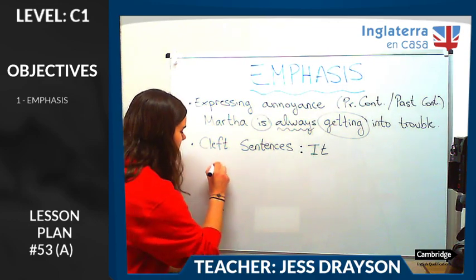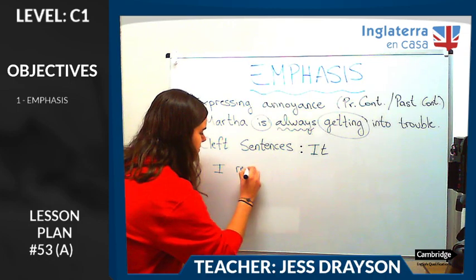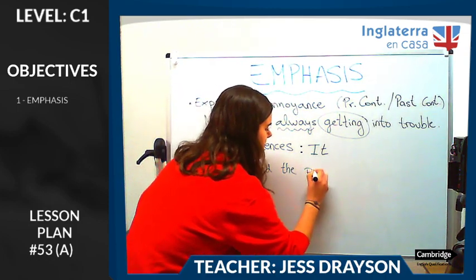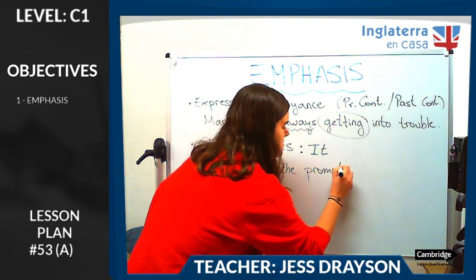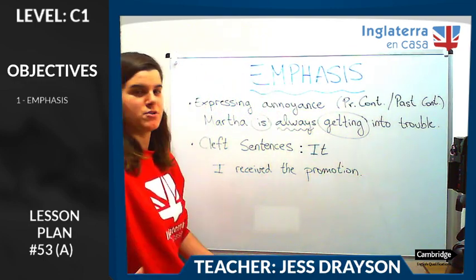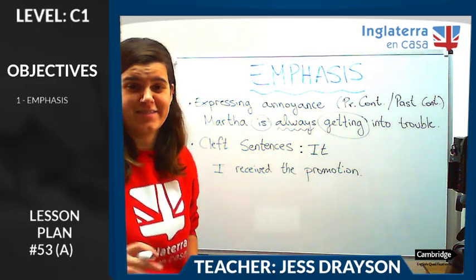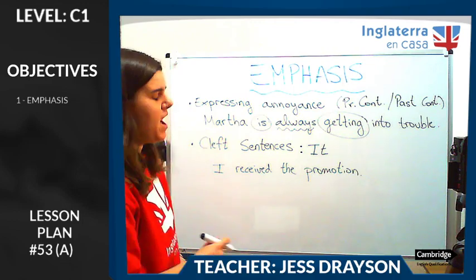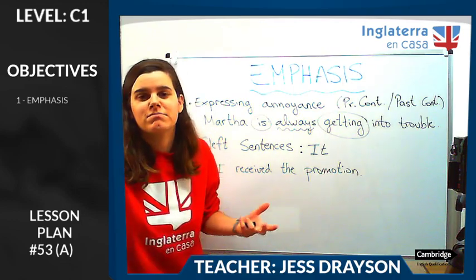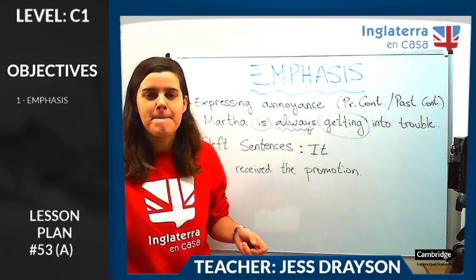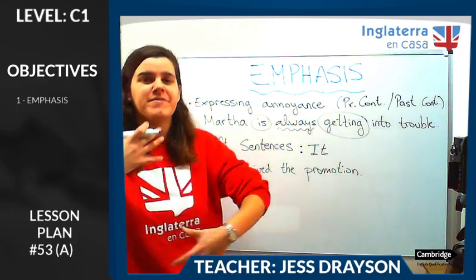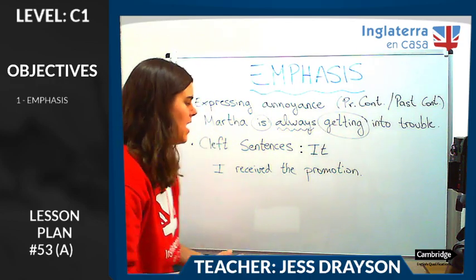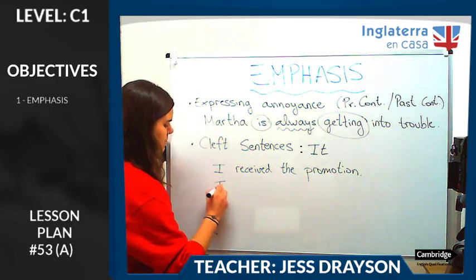So for example, you can say, I received the promotion. Okay? I did it. Yay! Got promoted. Hard work and dedication pays off. So this would just be like a regular sentence, right? And there's a way to emphasize this using it as the subject. Obviously, it would begin with it.